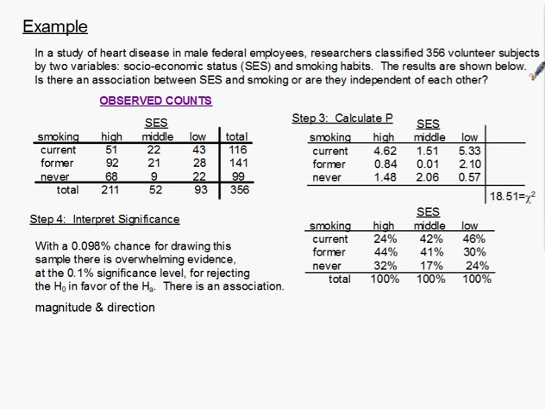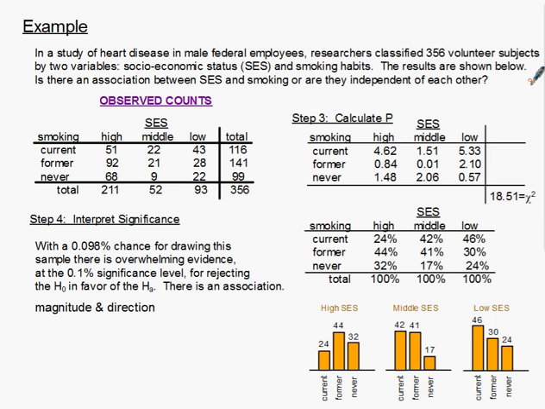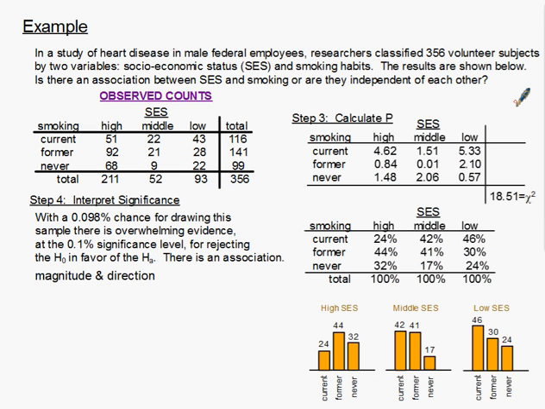From that, we can draw some conditional distributions, which look like that. We have high socioeconomic status, middle, and low, each one current, former, and never smoker. I'm going to move that up so I can get a little space.